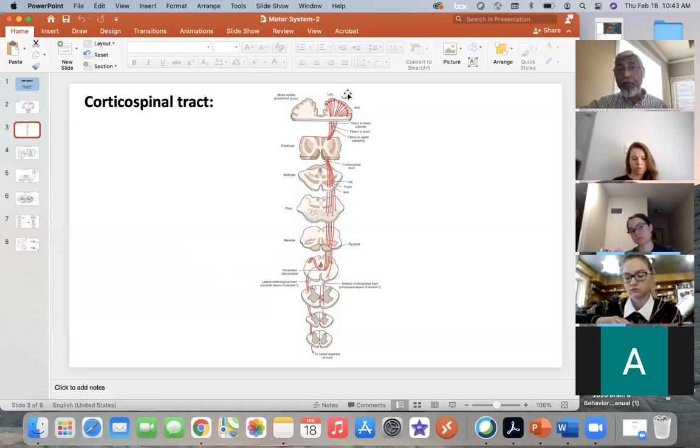Now the pyramidal tracts or corticospinal tracts arise from lamina 5. So that is something important, because if you see a stroke or any damage or blood clot affecting lamina 5 of the cerebral cortex, then you have to worry about the corticospinal tract, because you know the corticospinal tract arises from lamina 5 of the cerebral cortex.